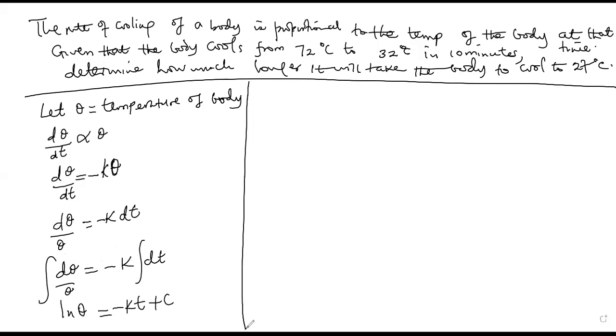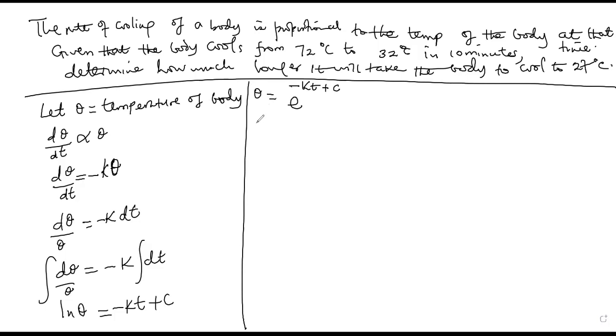Now, we need to get the value of K and we need to get the value of C. Now, I want to use the other formula. Otherwise, one can use the other one also. So here you can see that our theta is equal to, we introduce e, e to the power negative Kt plus a constant.